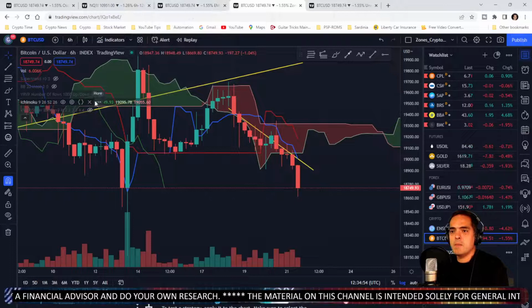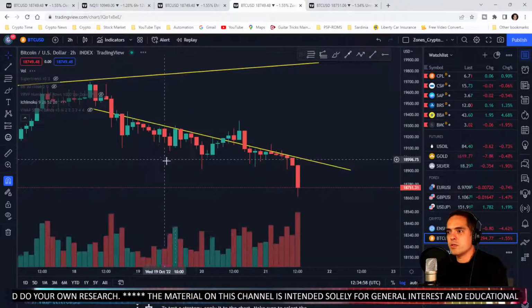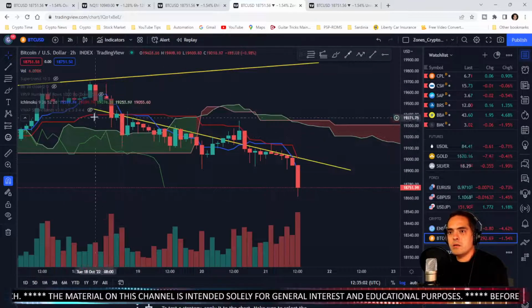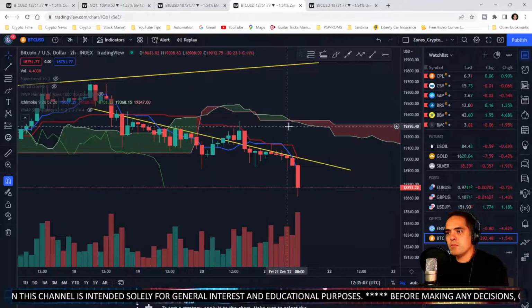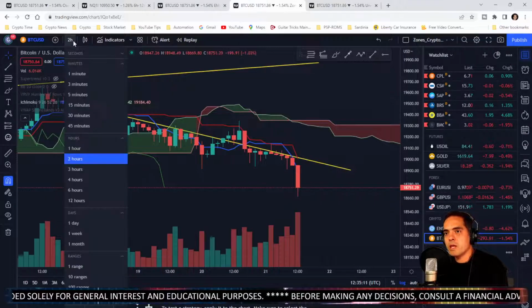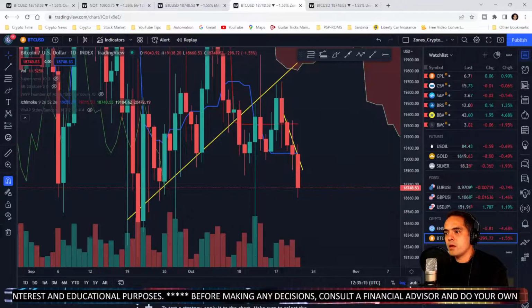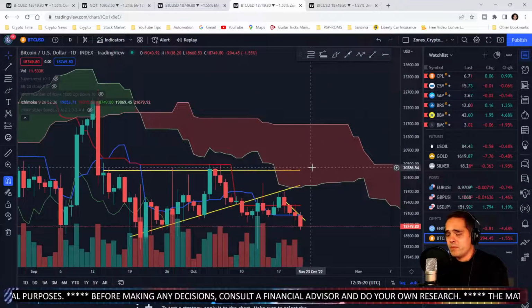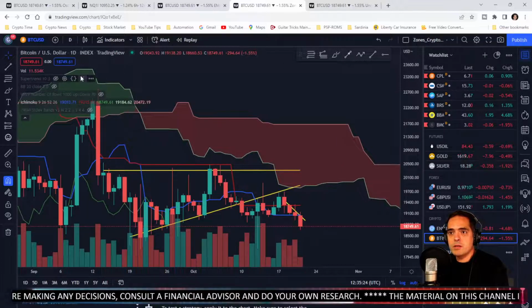Let me change to the 2 hour chart here and see. Again, using the Ichimoku cloud, we are far away from the cloud on the 2 hour time frame. Let's change to the 1 day time frame. Yeah, very bearish scenario.